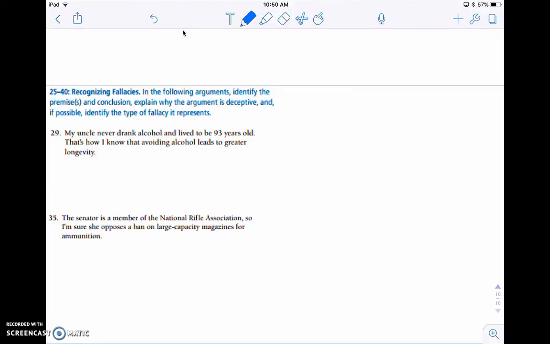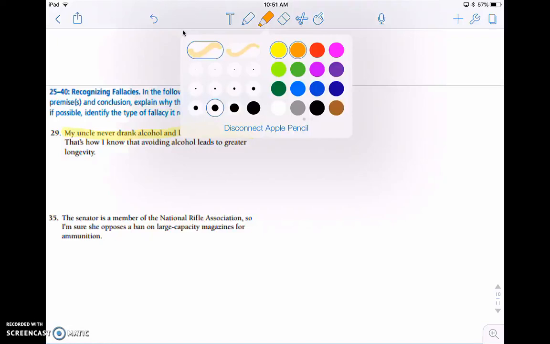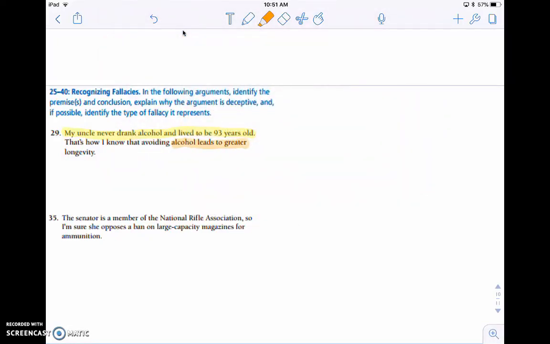So when we look at this, the premise is that this person's uncle never drank alcohol and lived to 93 years old. And the conclusion is basically that avoiding alcohol leads to greater longevity. Let me change my color here. So avoiding alcohol leads to longevity.